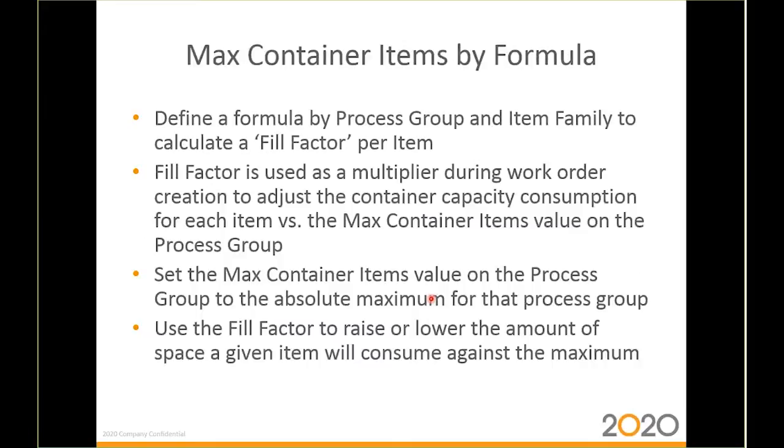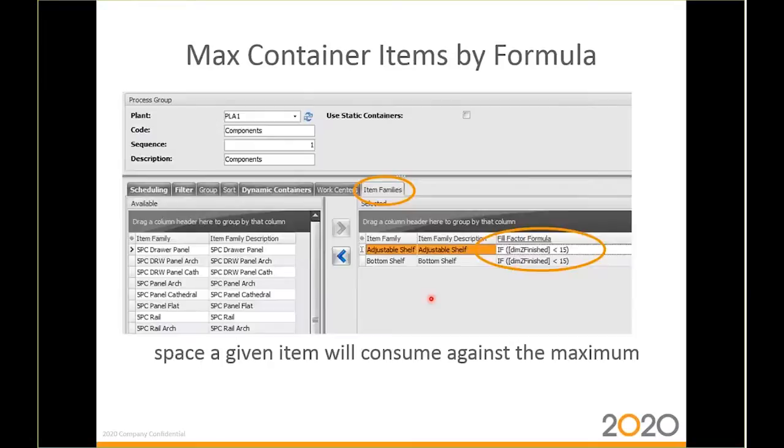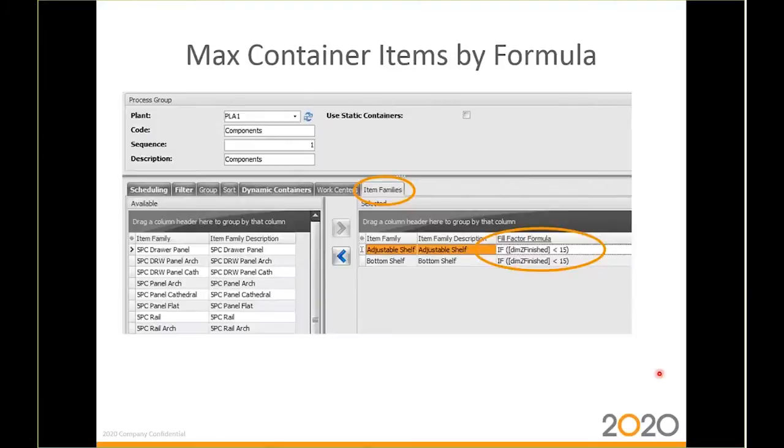The next highlight is process group max container items. Historically, on a dynamic process group that uses dynamic containers, we have a max container items setting that says, okay, I can't put more than 100 items on a container in this process group.